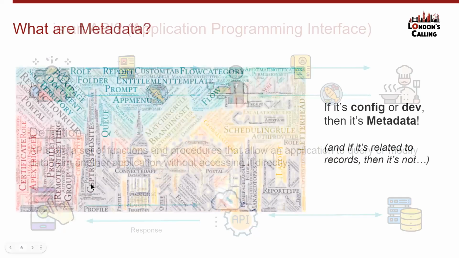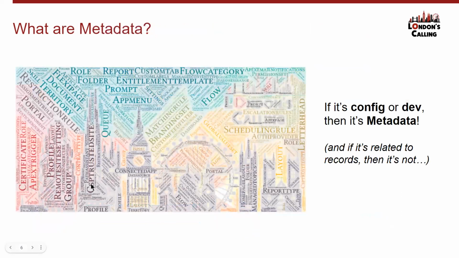Now the very important part is understanding that the Tooling API works on the metadata. By metadata, we mean all the configuration you have within Salesforce, like Apex classes, flows, custom fields, objects, whatever. As long as it's configuration, it's metadata, and it's what you can see inside the Tooling API.